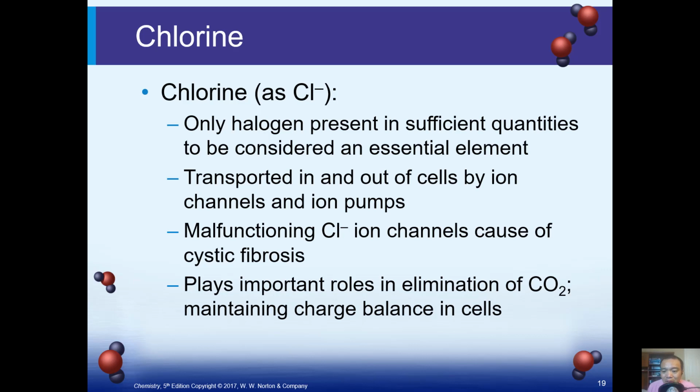When the carbonate ion is pumped out of the cells during one step in the carbon dioxide elimination process, chloride flows into the cell to maintain the charge balance. Chloride ions are also present in high concentrations in gastric juices, the stomach acid, hydrochloric acid, which catalyzes the digestive processes in the stomach.